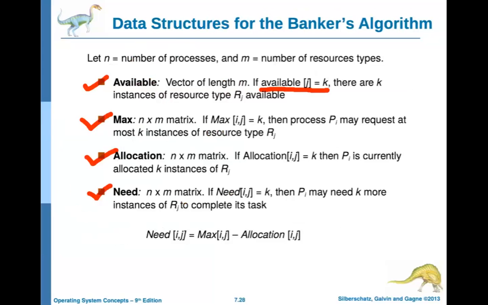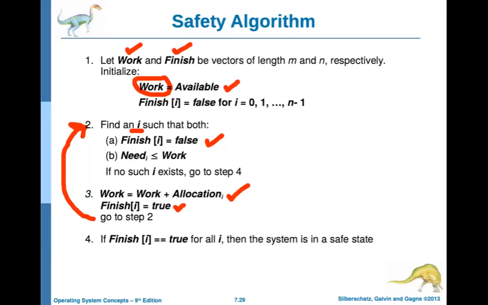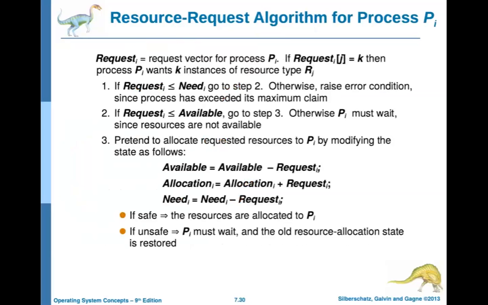If you take one slice of that, one row of that, you can treat it as Request of i. So this is a request vector, that is what is needed by the process. Fine. So if Request of i,j is equal to k, the meaning of that is process Pi wants k instances of resource Rj.